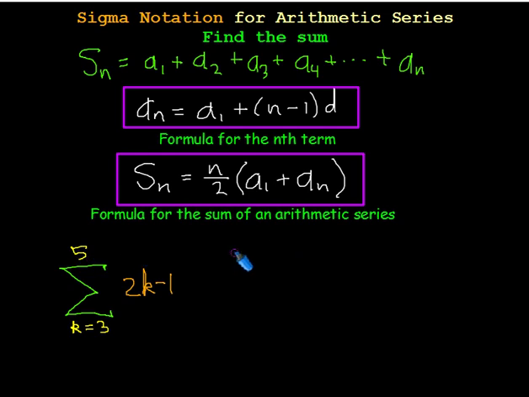So we will be able to figure out how many terms we're interested in this way. I'm using a temporary variable called m in order to figure out the total number of terms. In this case, I take the top number, 5, I subtract the bottom number, 3, and then I always add 1.